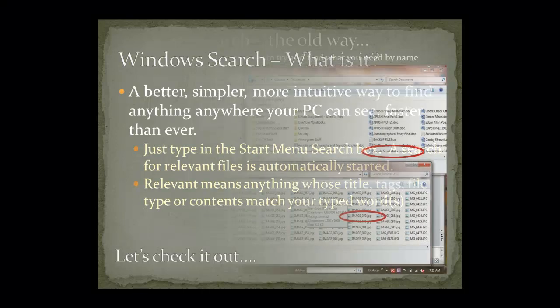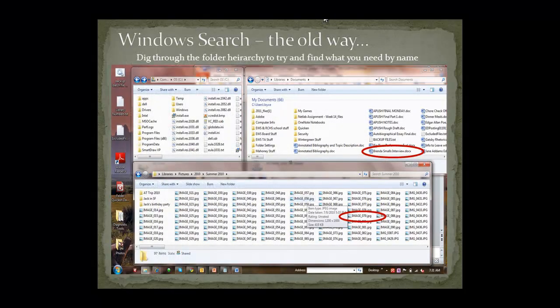Let's check it out. First of all, think about Windows Search the old way. You used to have to dig through the folder hierarchy to try and find what you needed by name. Maybe by date, if you knew the date that you had created something, that could help you find it. But if you weren't sure where it was, or what it was called, it could take a long time.